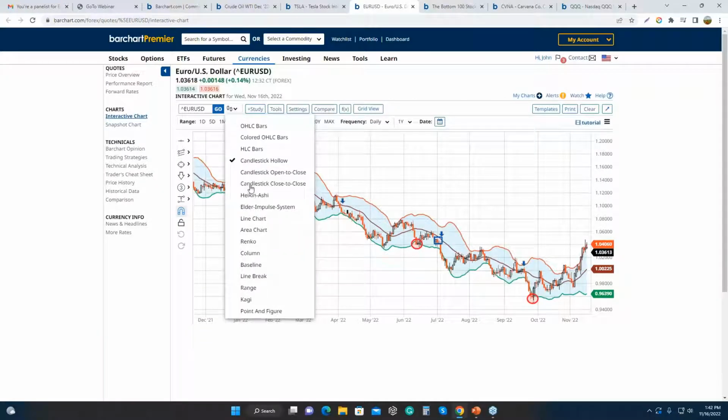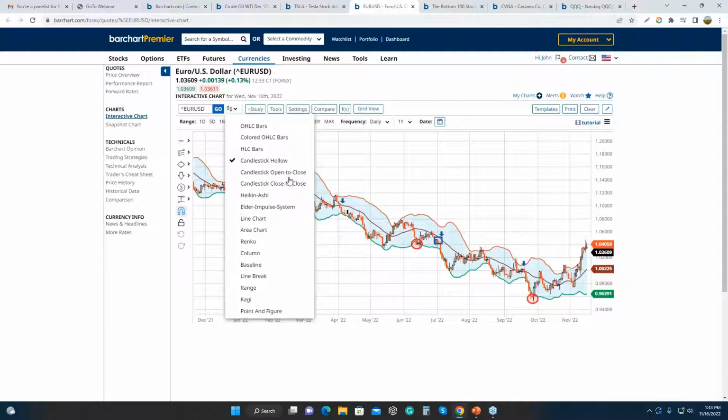The other is a candlestick that is based on close to close. In other words, the candle color is based on where is the close of yesterday versus the close of today. Or in other words, if the candle closes today below the close from the previous day, then that would be a red candle. If it closed above the close from the previous day, then that would be a green candle.